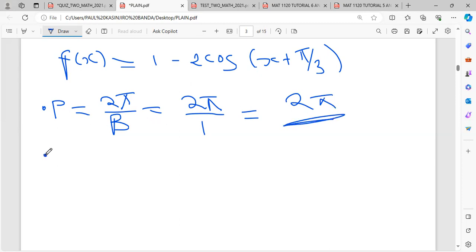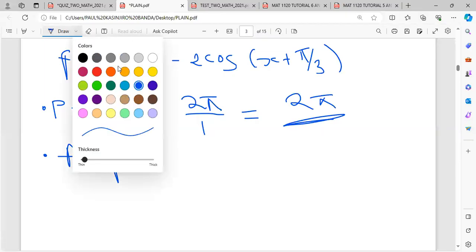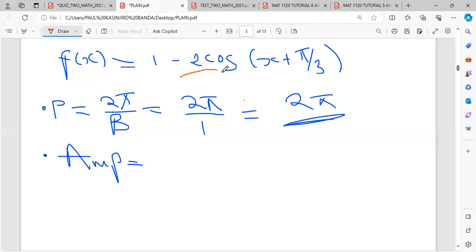After finding the period, you find your amplitude. How do you find your amplitude? You simply get the coefficient of the trigonometric function, so we get the coefficient of cos or sine, depending on what you've been given.